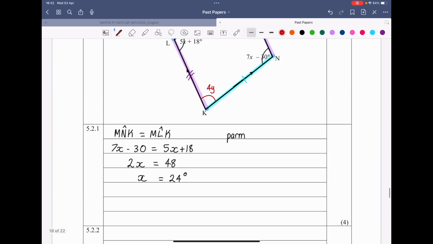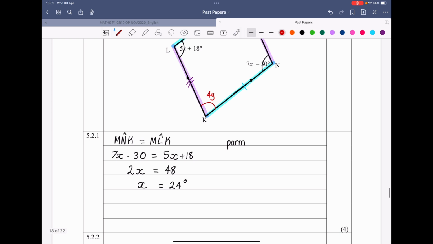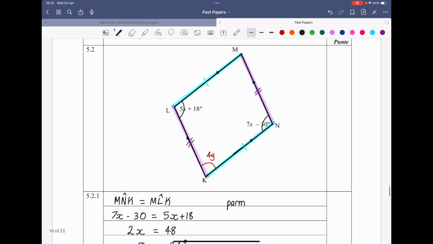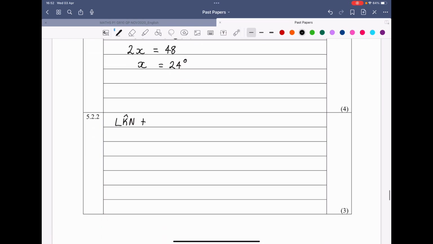So I can take LKN plus the other one, which is MNK, equals 180 degrees, and that is co-interior angles with KL being parallel to MN.